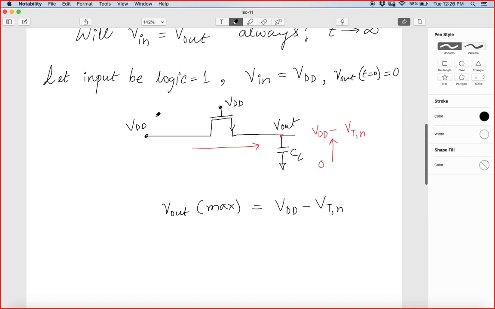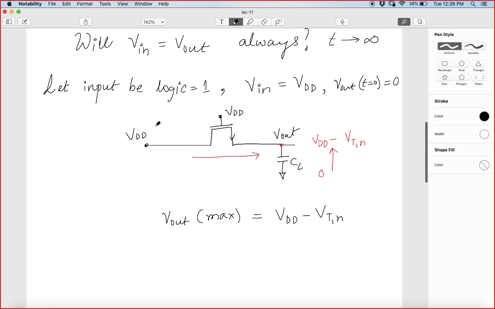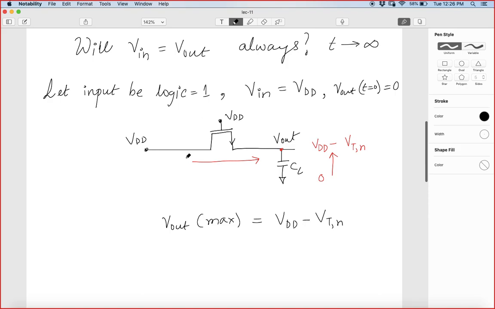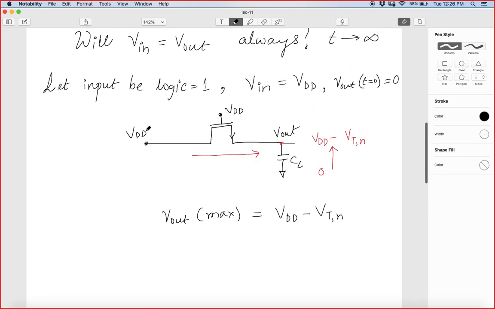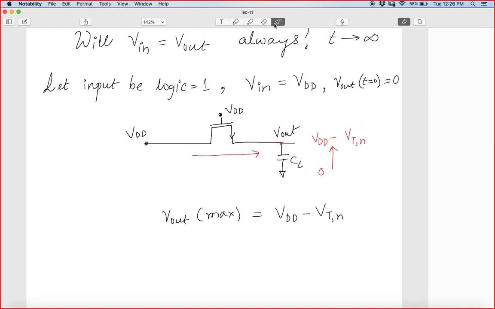Now, what happens when I am applying a logic 0? Again, we'll try to analyze the same situation. The next situation is input is logic 0.